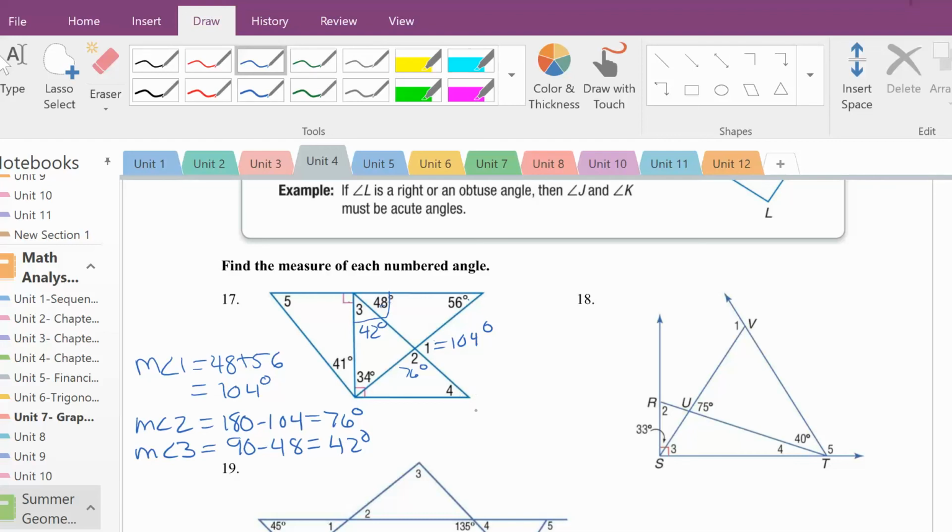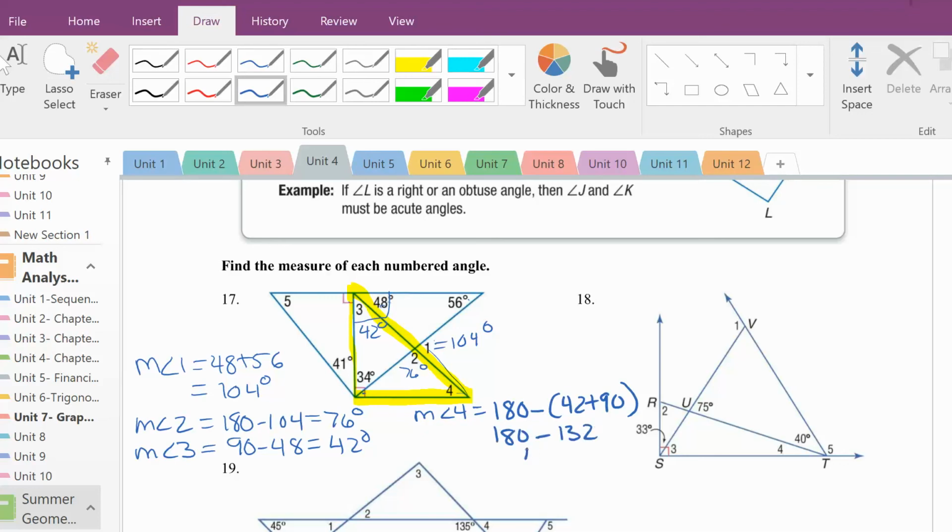And then angle 4, to find angle 4, since you have a big triangle right here, you would take 180 minus 42 plus 90, because this angle here is 90. So it's 180 minus 132.